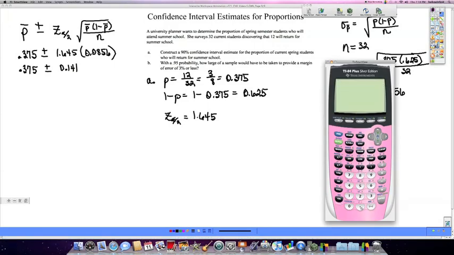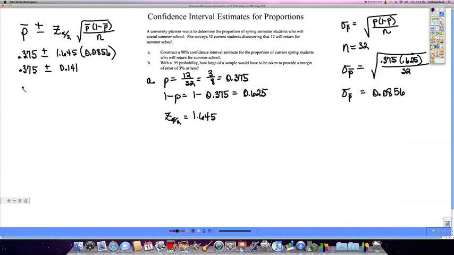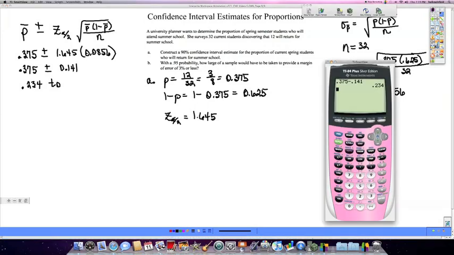So we take the 0.375, subtract the 0.141, and we can also add it.